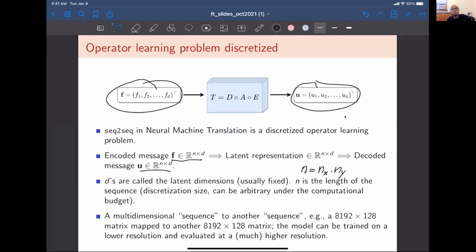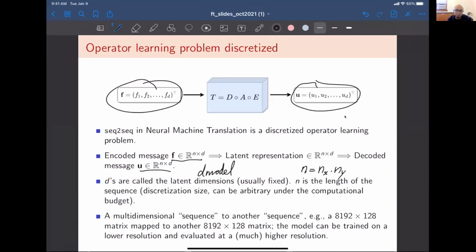And this D is called the latent dimensions in the neural machine translation community, or sometimes they just use D model to represent this number. This is normally fixed. For example, in the classical transformer, this is 512.